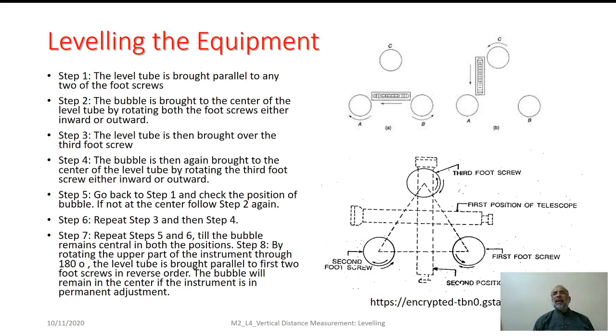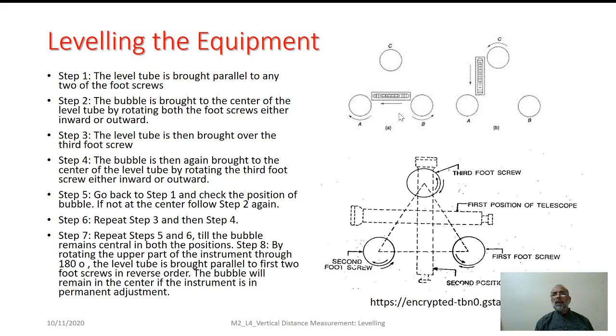Then make the telescope parallel to any set of two foot screws, so that by rotating these leveling screws either inward or outward, the bubble will be brought to its center.